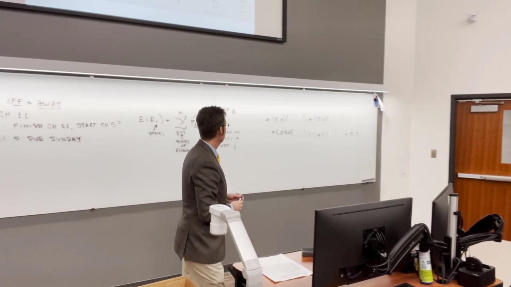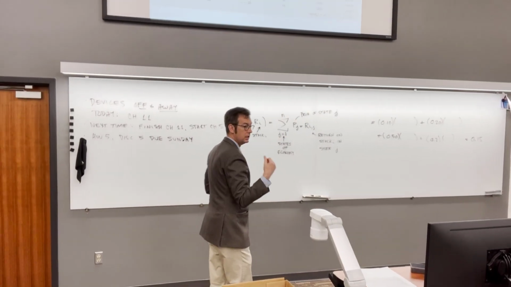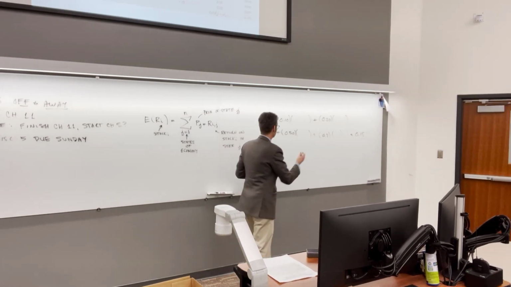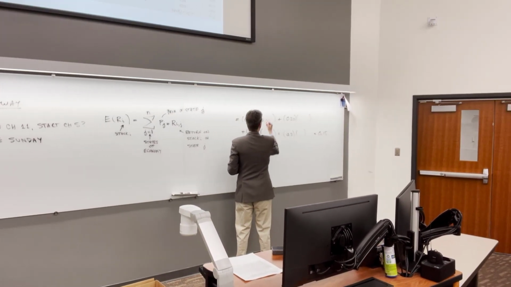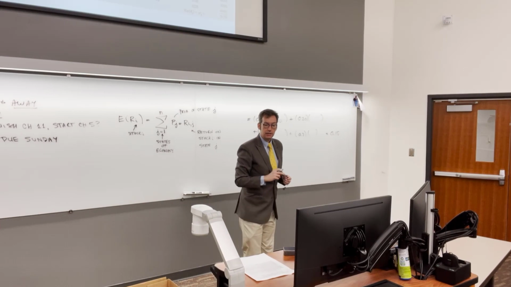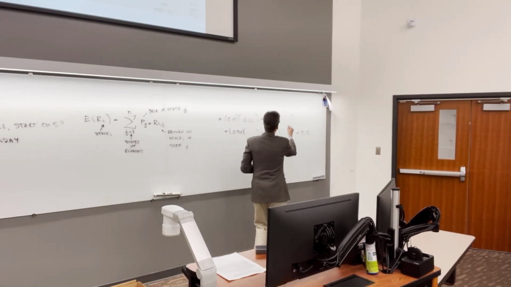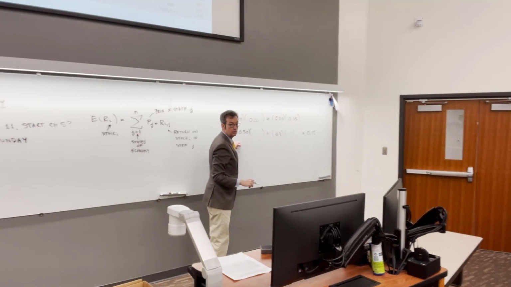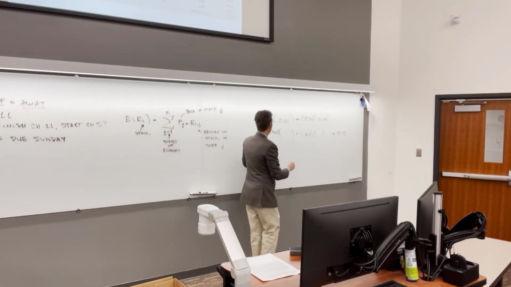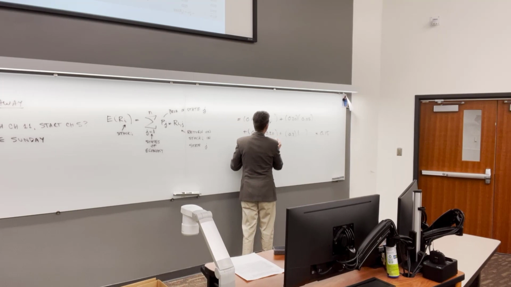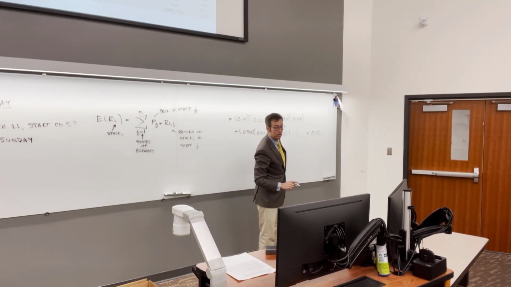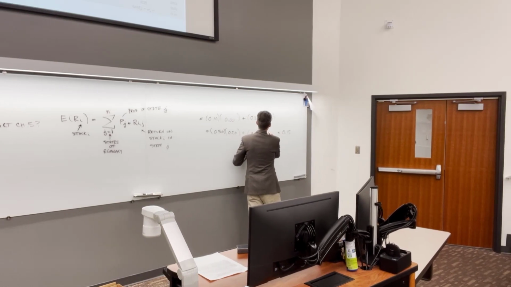What is the return in the first state for Slowpoke? 0. What is the return in the second state? 0.05, right? What is the return in the third state? 0.2. And what's the return in this last state? Is it minus 0.05?